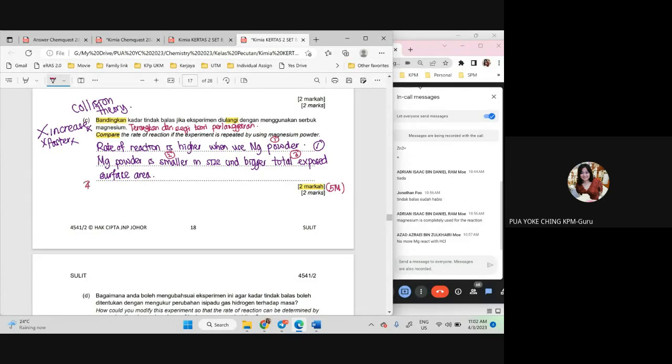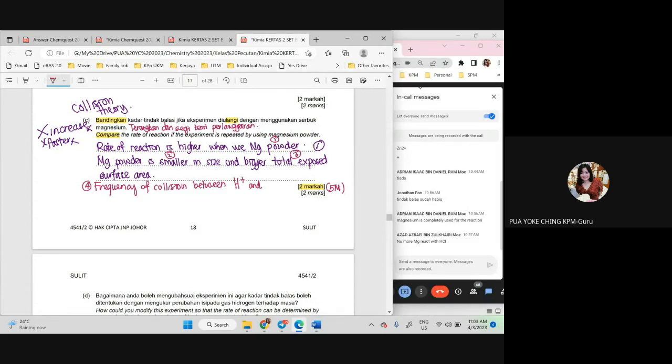Point 4, frequency of collision between. Okay, between ni tolong jaga-jaga. Tak boleh between particles. Kita dah ulang banyak kali. When you use acid, it must be H+. Okay, N, N siapa?